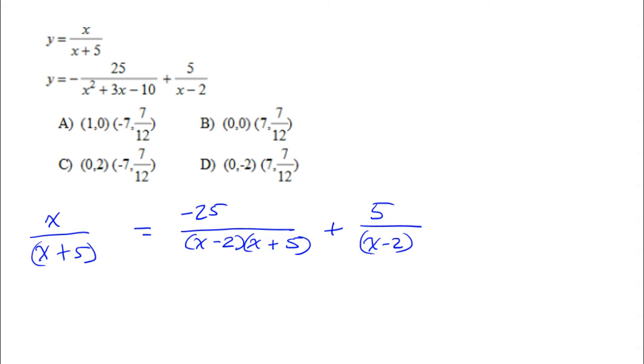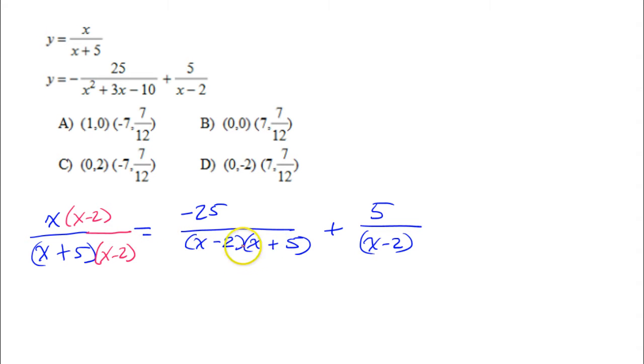Alright, there are many methods for solving equations like this, but the one I've grown to like the most is one where we make all the denominators the same. So I've got an x plus 5. I see this denominator has an x minus 2. So I can put an x minus 2 in the denominator as long as I put an x minus 2 in the numerator as well.